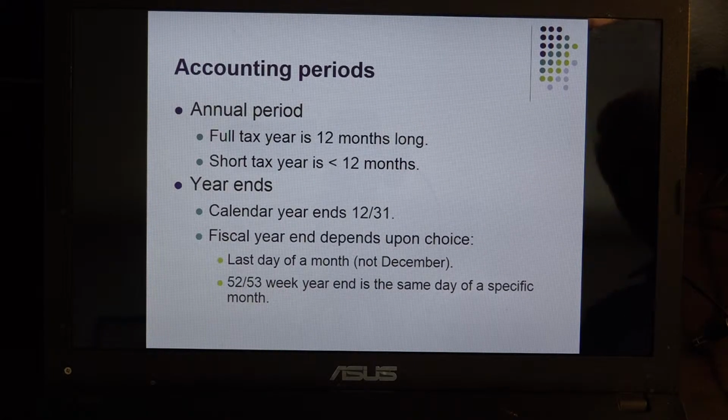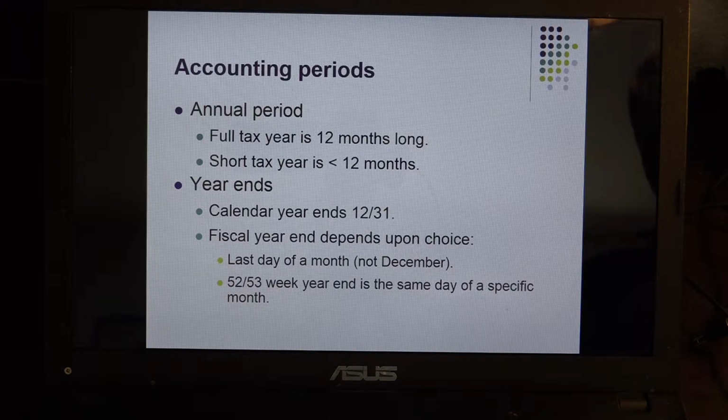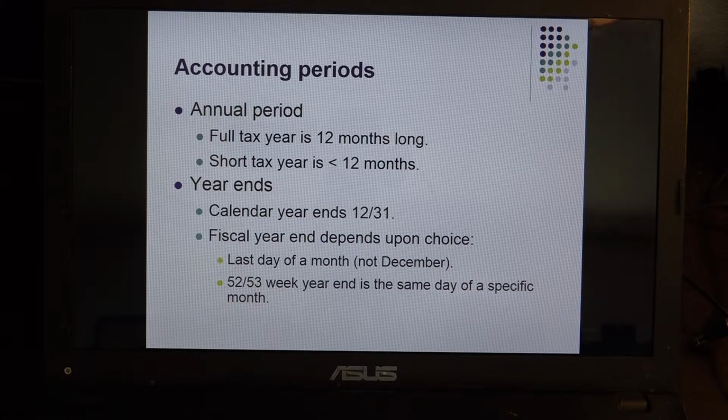If you're a corporation, you can have a calendar year end, but if it's more suitable to have some other fiscal year end as your tax year end, you certainly can. A good example would be a retailer.